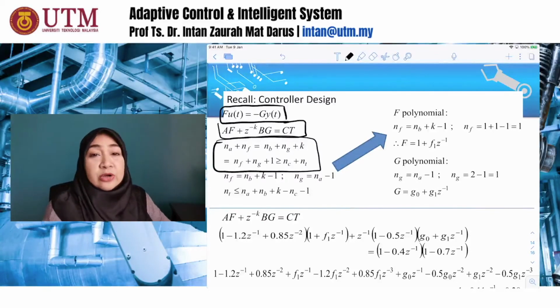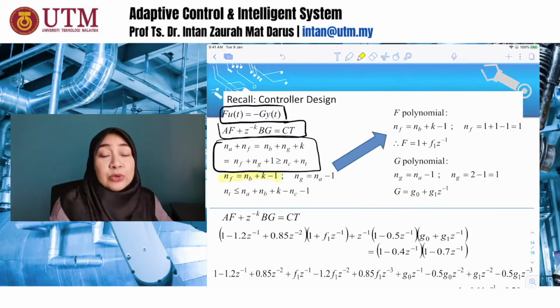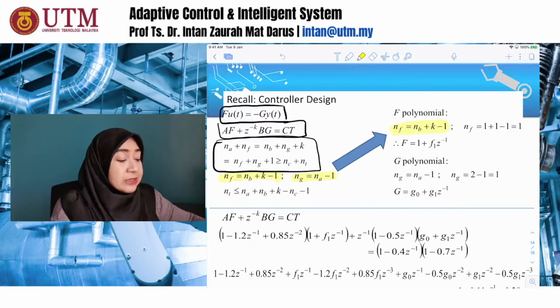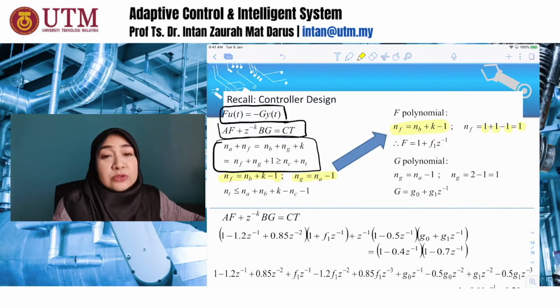So I'm just going to put in the values for my model order. nf will be determined by that equation, and ng will be determined by that equation. I put in the value of nb from the previous slide. nb is equal to 1, k is equal to 1, so nf straight away I found is equal to 1.